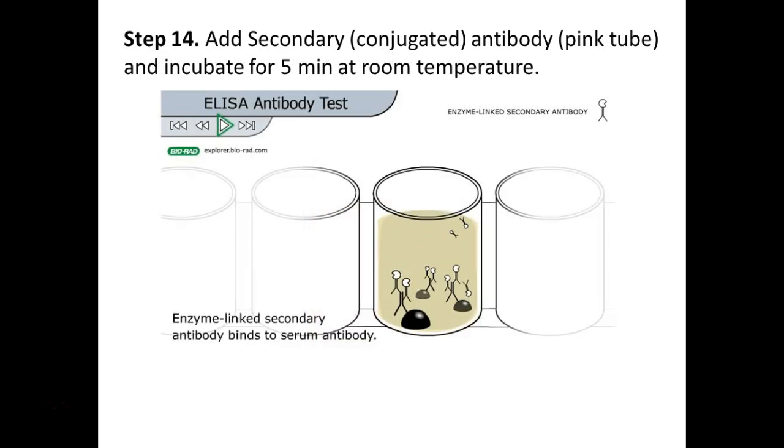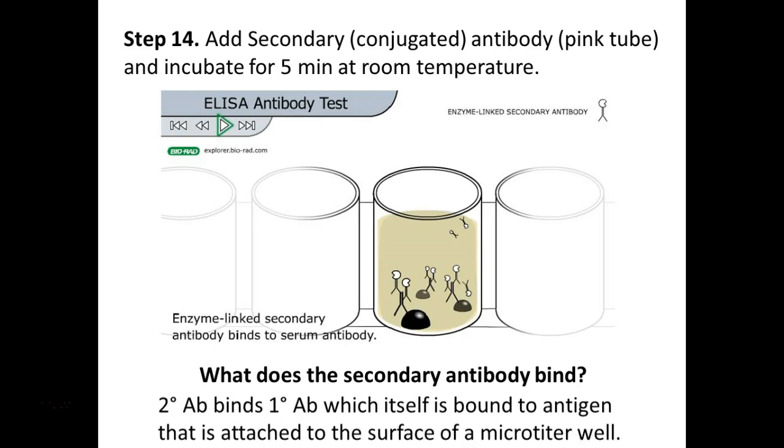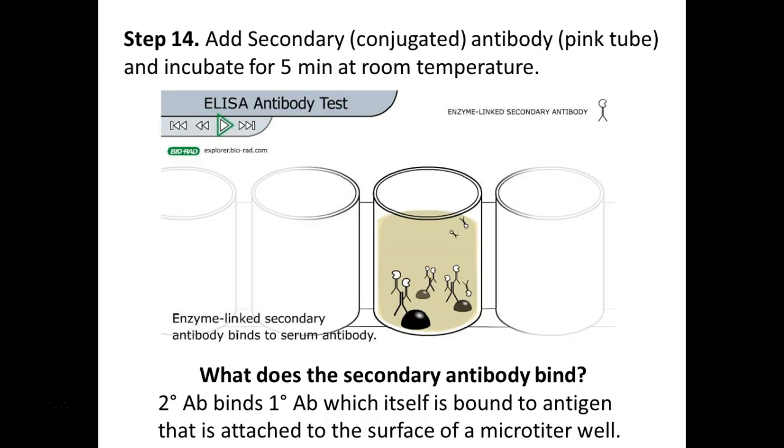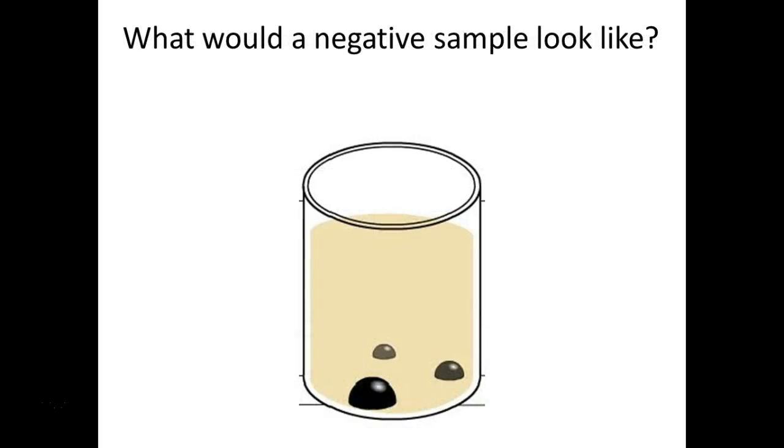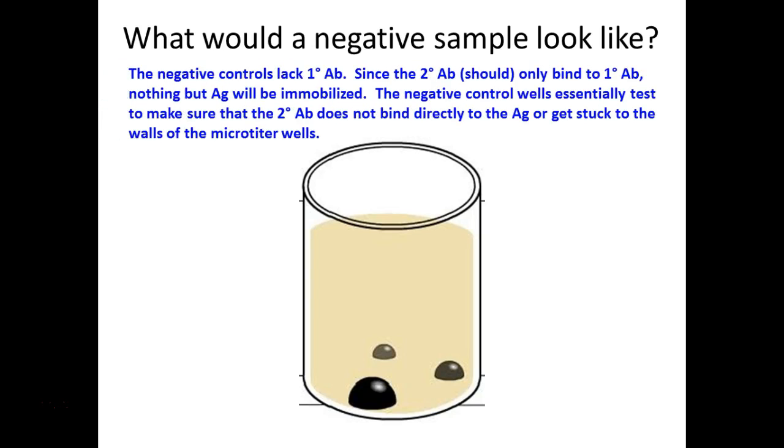So we're creating that antibody sandwich. We incubate, and then we wash out. So what does the secondary antibody bind to? The primary antibody, the first antibody. Negative again, just antigen. Nothing for the secondary to bind to. Primary isn't there.